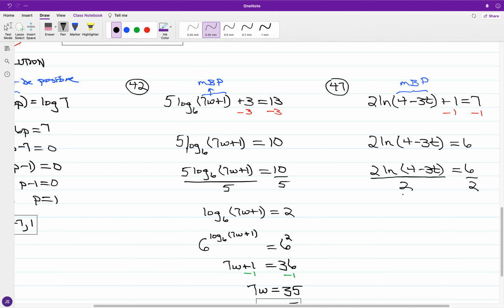And just looking at what we have now, this comes down to the natural logarithm of 4 minus 3t is equal to 3.